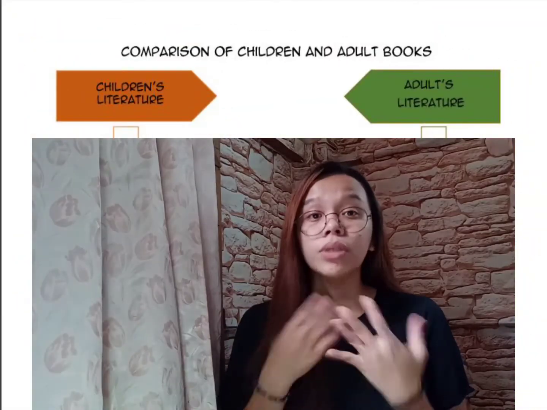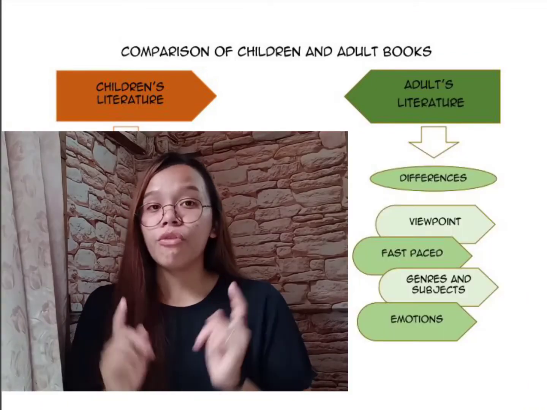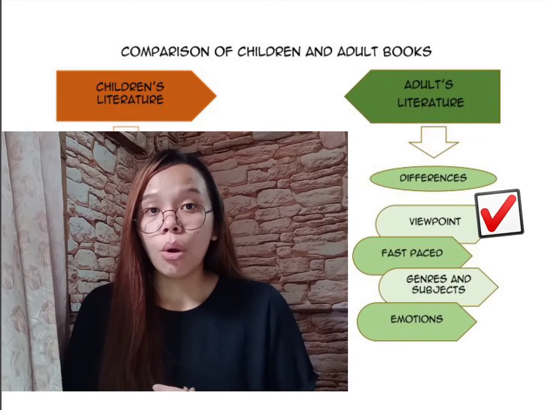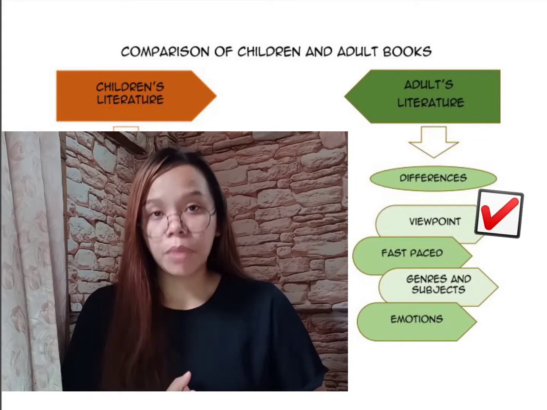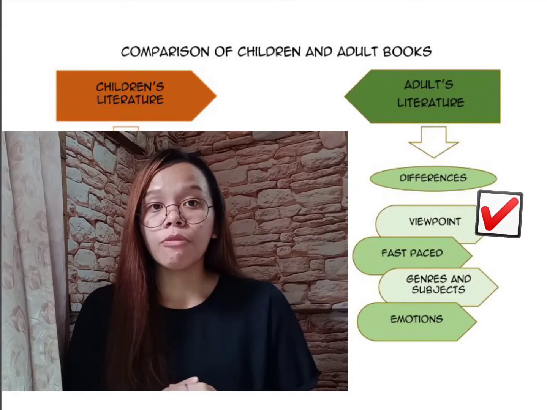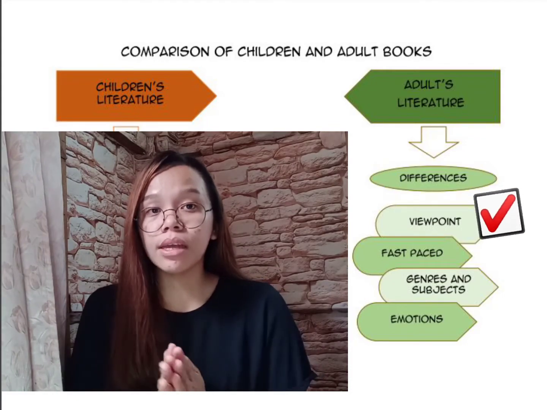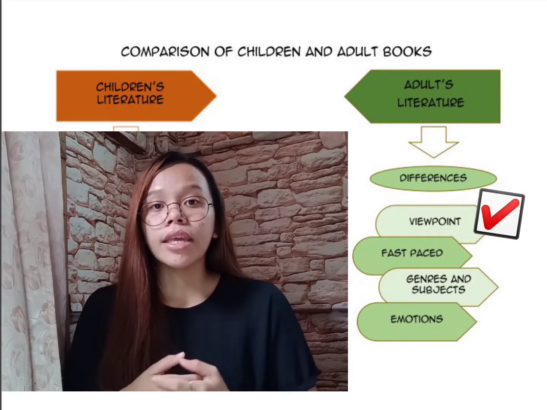Now, let us proceed to the adult books. First, we have viewpoint. Stories are told from the viewpoint of young people. Most young adult fiction is told from a first-person perspective and is written from the eyes of a young adult.